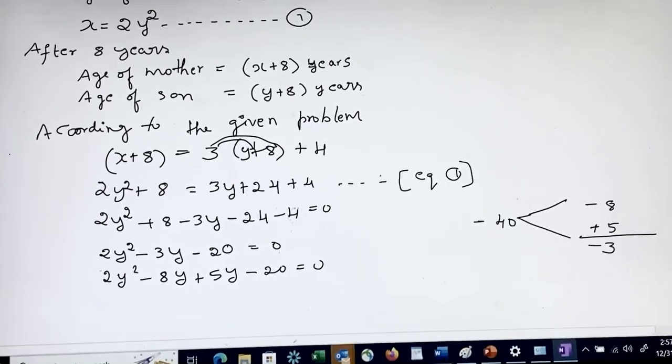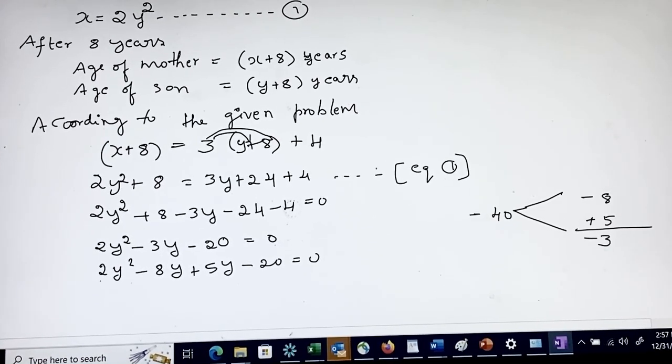Now take common factors in two sets. In the first set, 2y is common. If you take 2y common, what is left? y remains, so 2y into y minus 4. Okay, one part is done. Now in the second set, the common factor is 5.